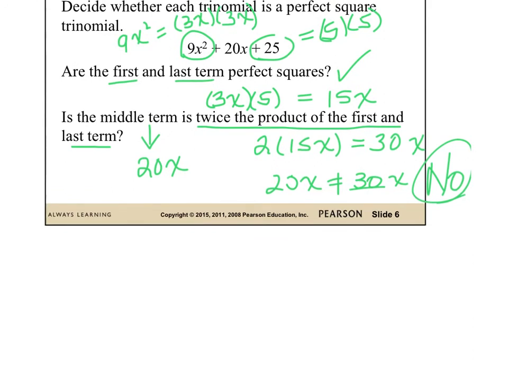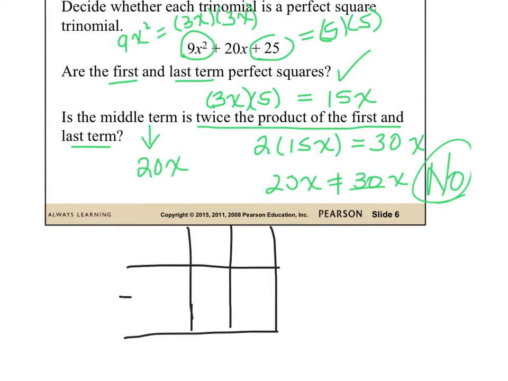So, to this problem, we're going to apply our usual method. First of all, is there a greatest common factor? And the answer is no.